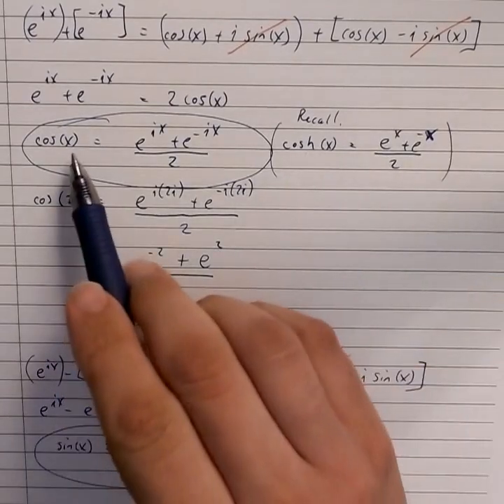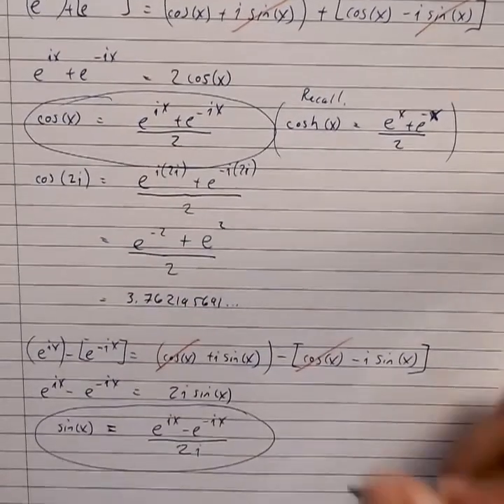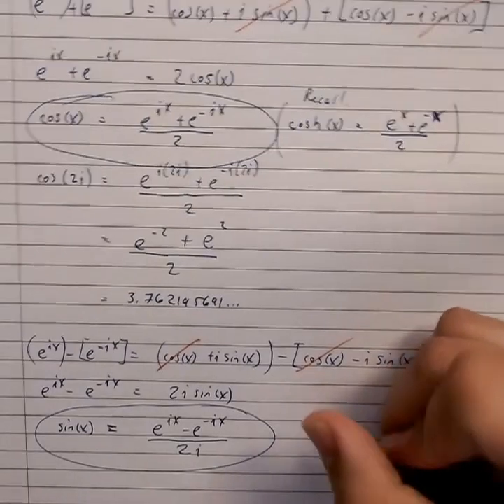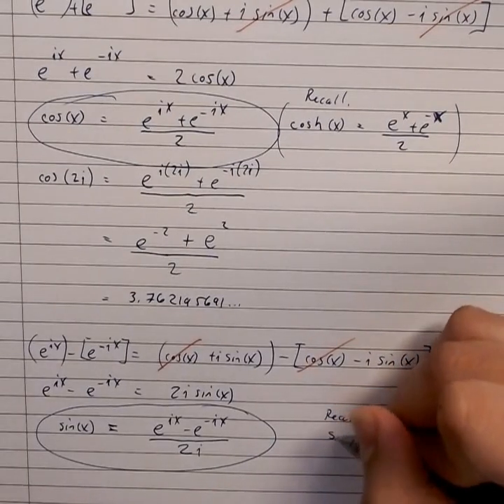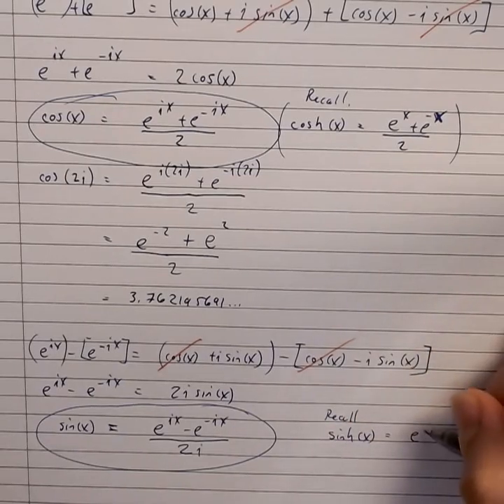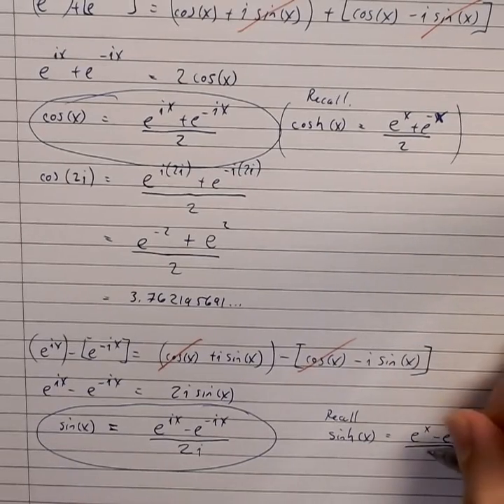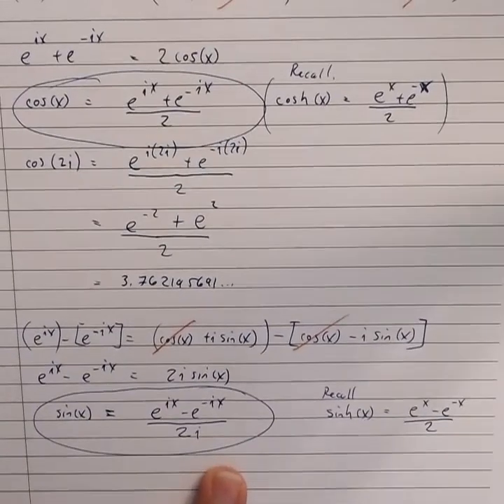Because it is the cosine function, restricting ourselves to only real numbers. Same thing over here. Recall that the hyperbolic sine function, sinh of x, was given by e to the x minus e to the minus x over 2, which again you'll see is very close to the alternate representation of the sine function.